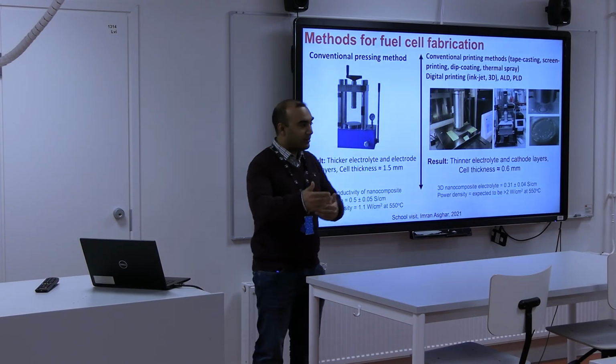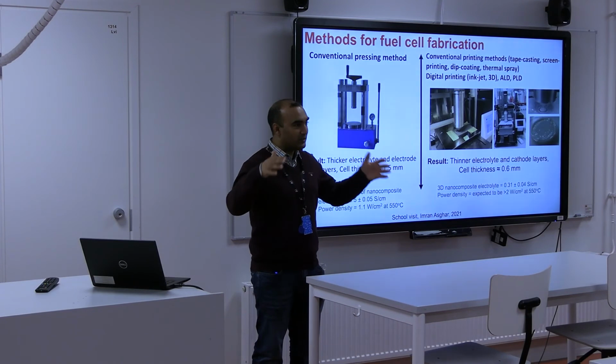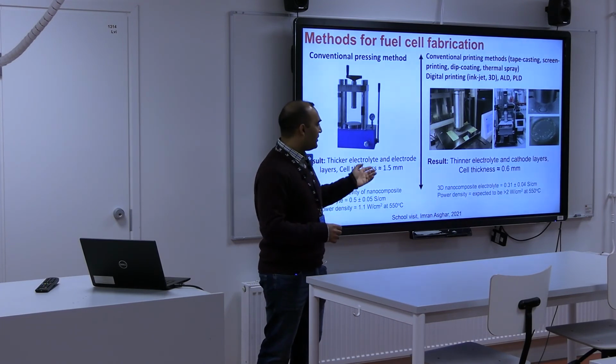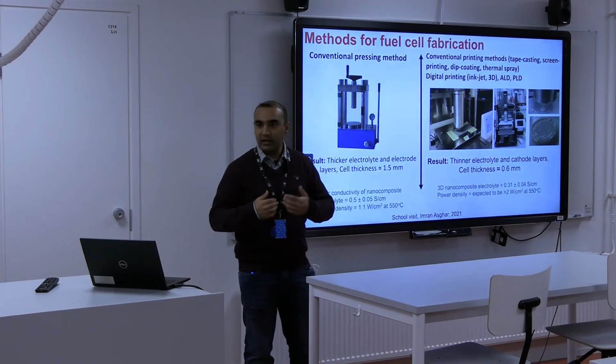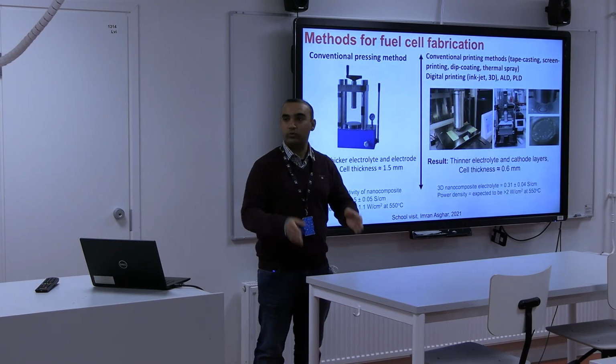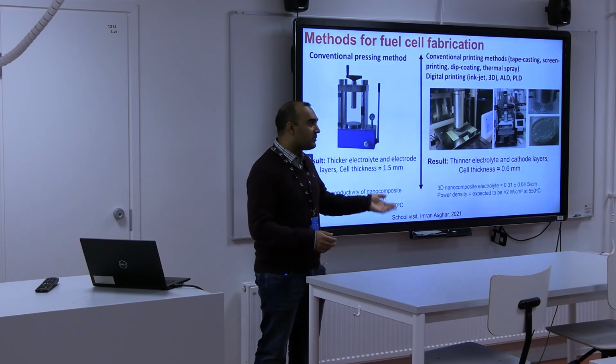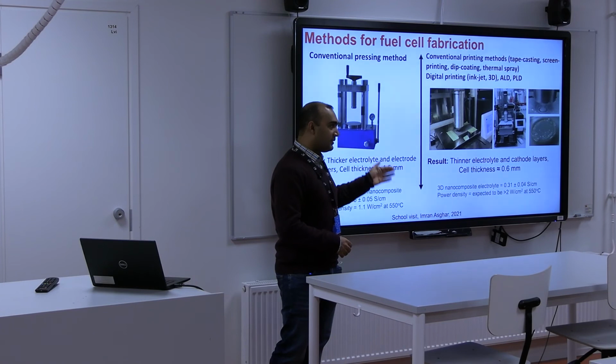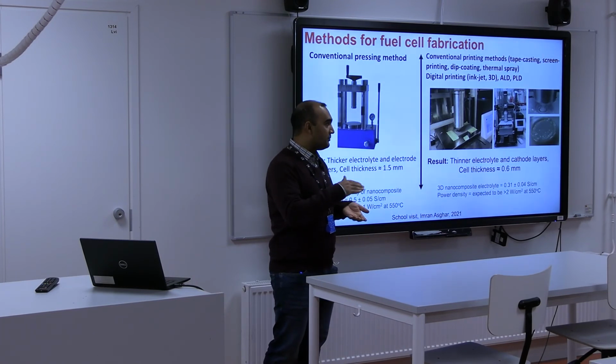But if you want to make larger cells, we need a huge weight. So the process is slow, not very practical. With printing, you can make cells in larger quantity and roll to roll, so production can be faster. So for commercialization, we think that printing is better, and also we can control the thickness there.